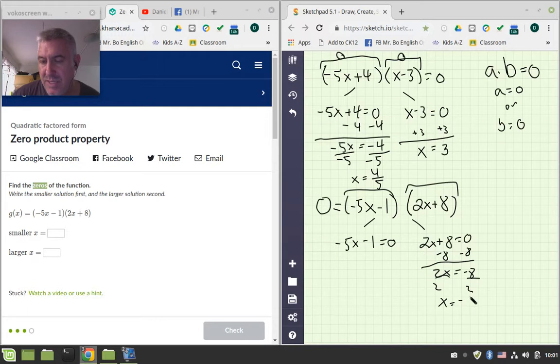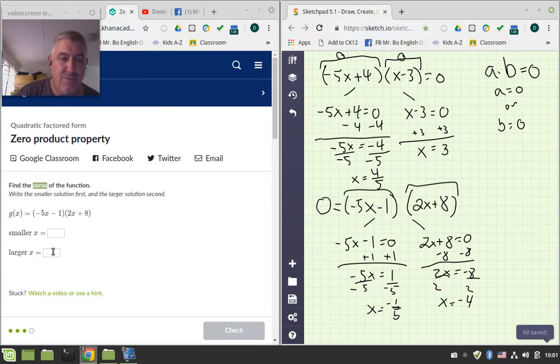X is equal to negative 4. X is equal to negative 1/5, and it wants the smaller one on top.